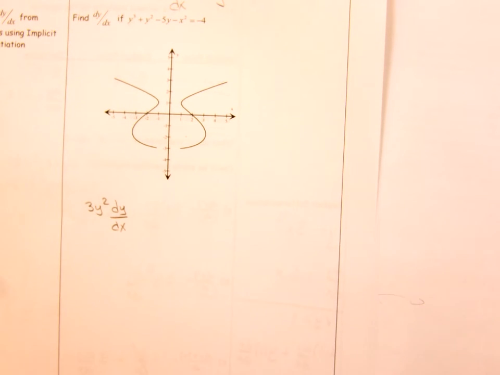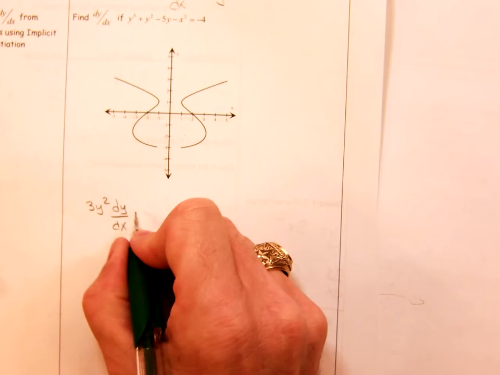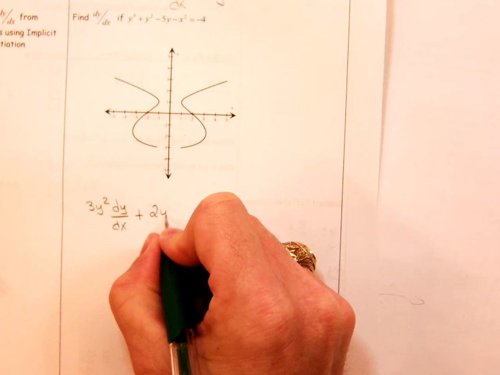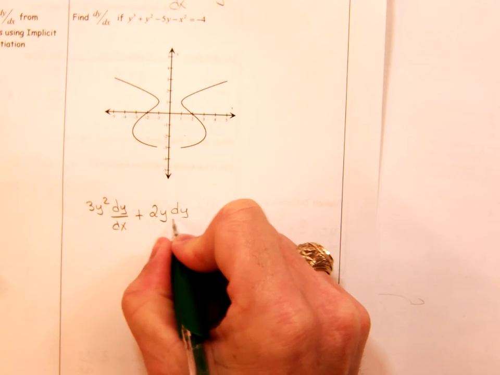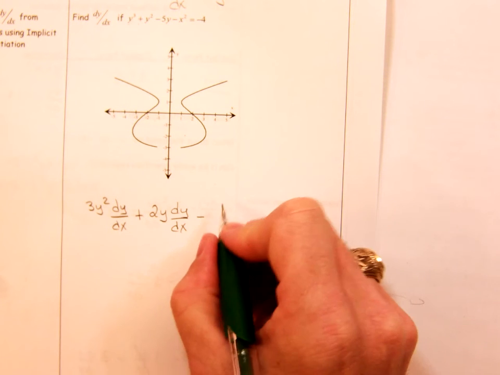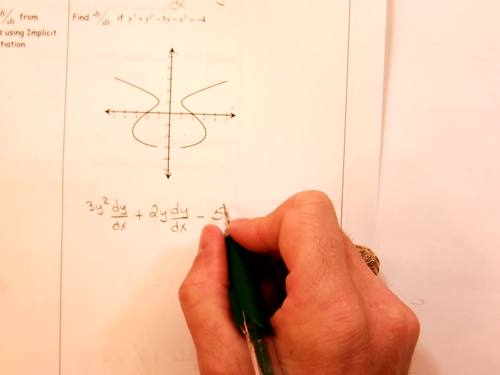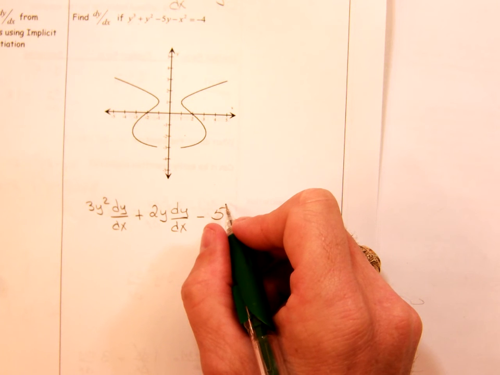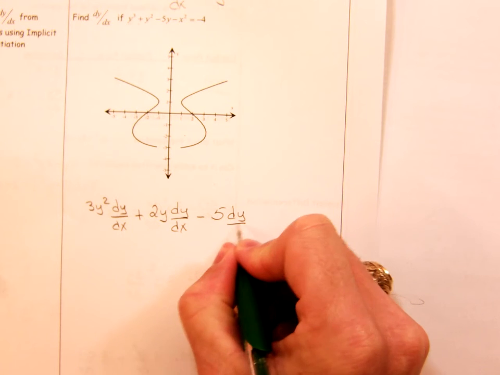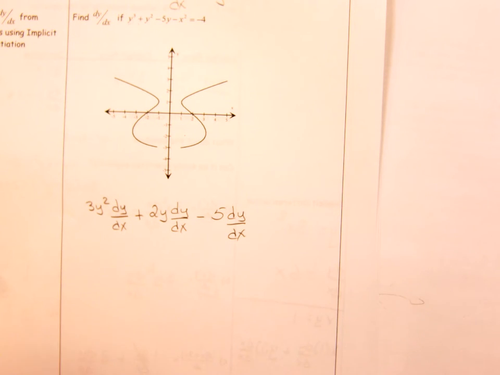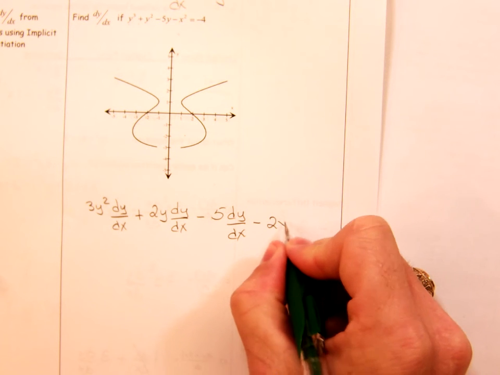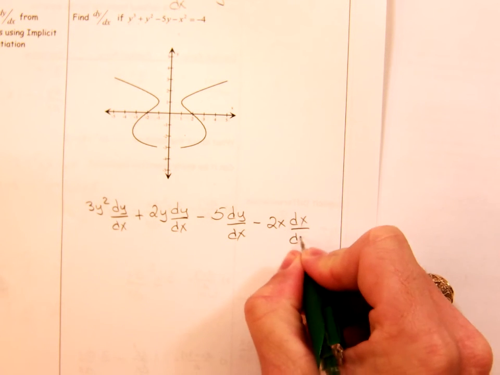Okay, next part. Plus, what's the derivative of y squared? 2y. And what did I take the derivative of? y with respect to x. Minus 5 times the derivative of y is 5 dy/dx. Minus the derivative of x squared, 2x. I took the derivative of x with respect to x.